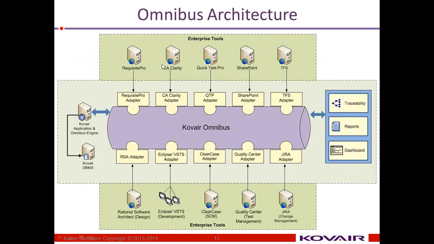This is an overview of the Omnibus architecture, where we have the different third-party tools that we often come across in our software development process. All these tools are connected via adapters to the central Kovair Omnibus platform. What this enables is a cross connection between all these tools, so you can pass on data from any of these tools to the other one.